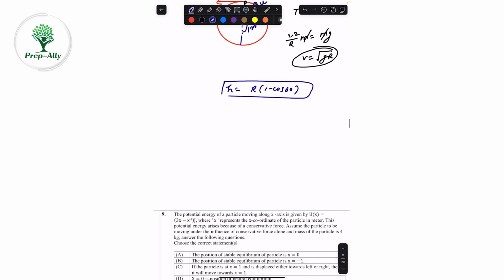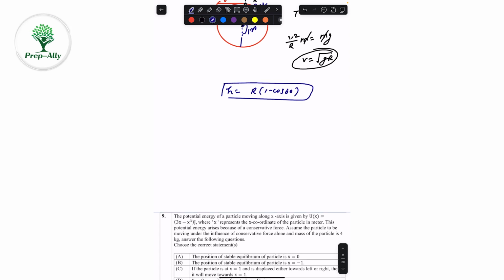Due to increment of height, velocity will decrease. Why? Because it is going against the gravity. So what I can say is half mv square minus half mu square is equal to work done by gravity, which is minus of mgr into 1 minus cos 60.